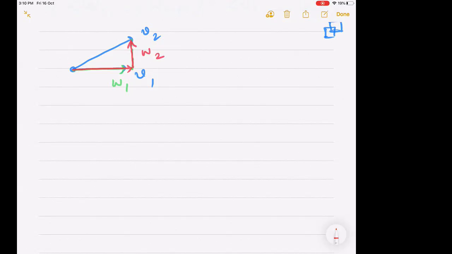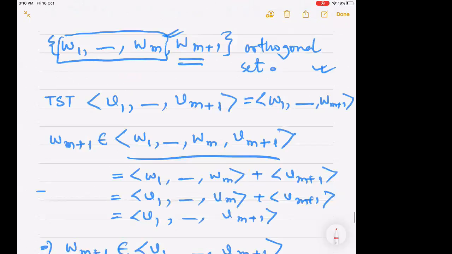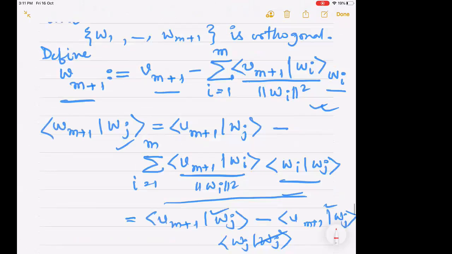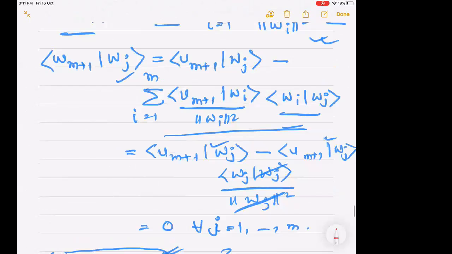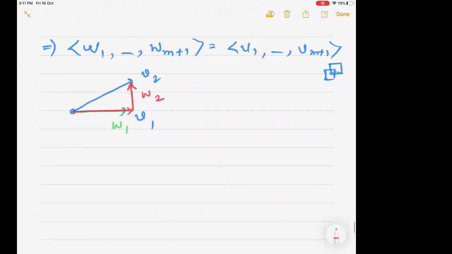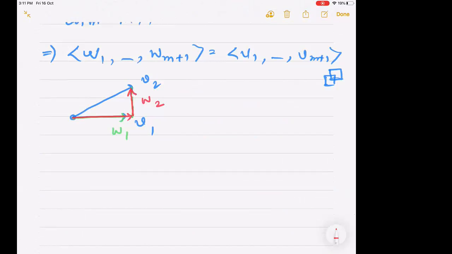That is what it tells us. The way I have defined it here, w2 is v2 minus the projection of v2 along w1. That is orthogonal. So that's how I get w2.